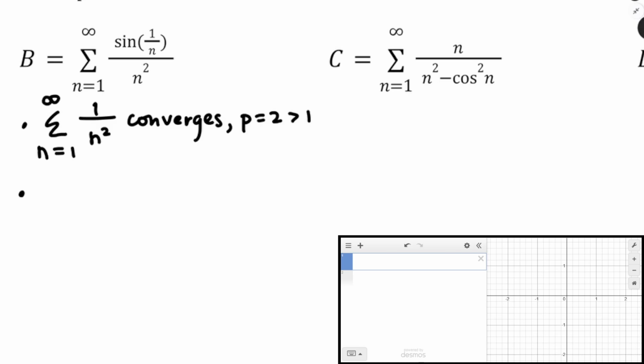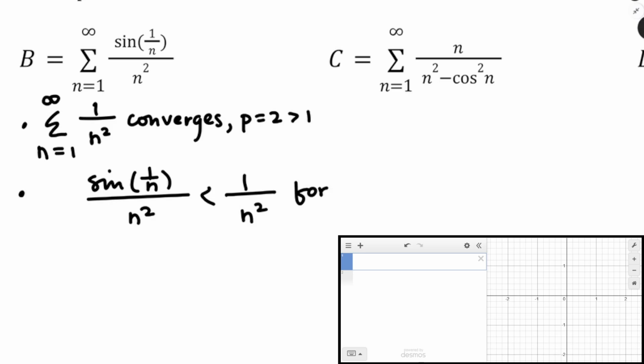Sine of 1 over n squared is less than 1 over n squared, because the only time sine of theta equals 1 is when theta equals pi over 2, or angles coterminal to pi over 2, but we're not going to be able to get that with 1 over n starting at 1 and going towards infinity. Okay, that's the inequality I need for n greater than or equal to 1.